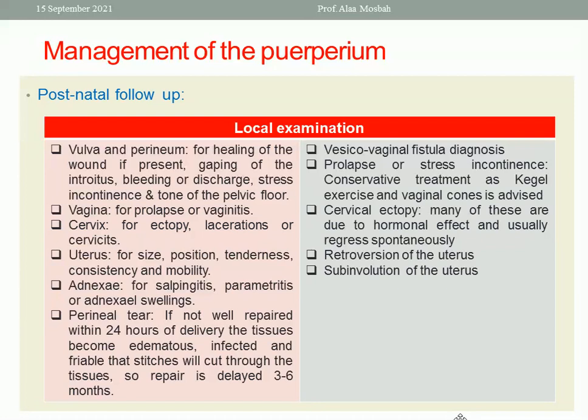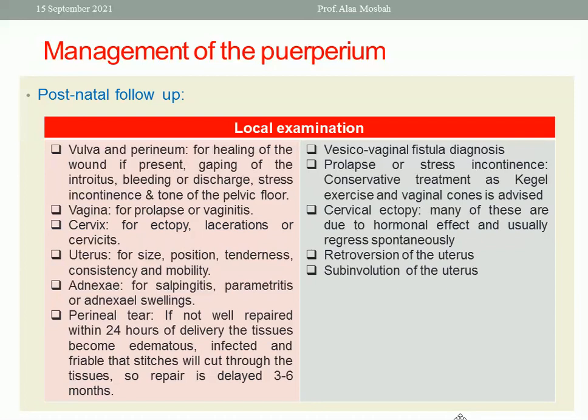If not well repaired and becomes edematous and infected, you can't do anything, just medical treatment, but suturing cannot be done and it should be delayed 3 to 6 months.